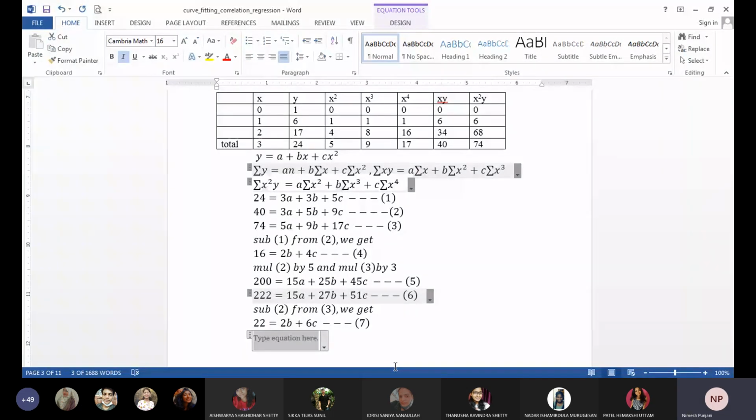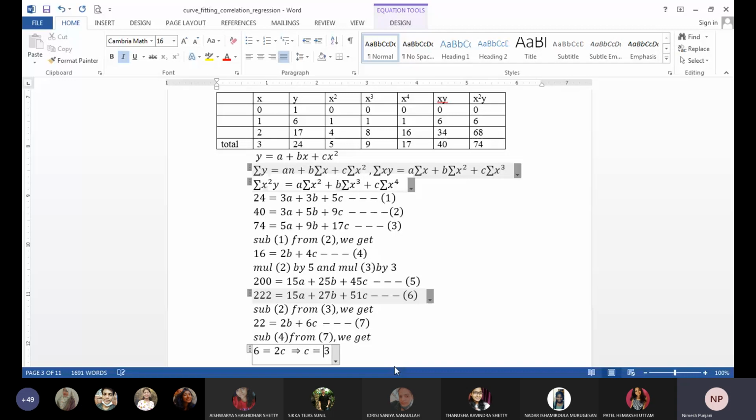So now what we can do is we can subtract 4 from 7. Subtracting 4 from 7, that is 7 minus 4. So 7 minus 4 will give me 6 equals to 2c.